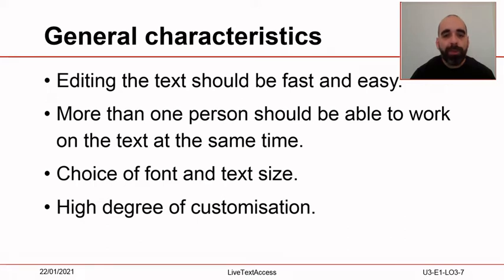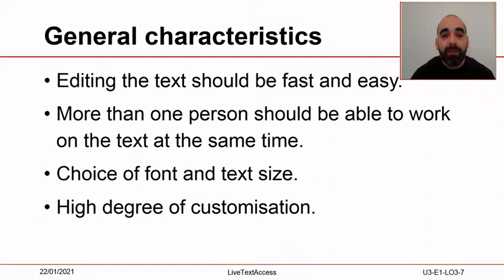More than one person should be able to work on the text at the same time. In many situations, both a speaker and an editor, or more than one, work on the text at the same time. The editing software should make it easy for them to work together without creating conflicts.